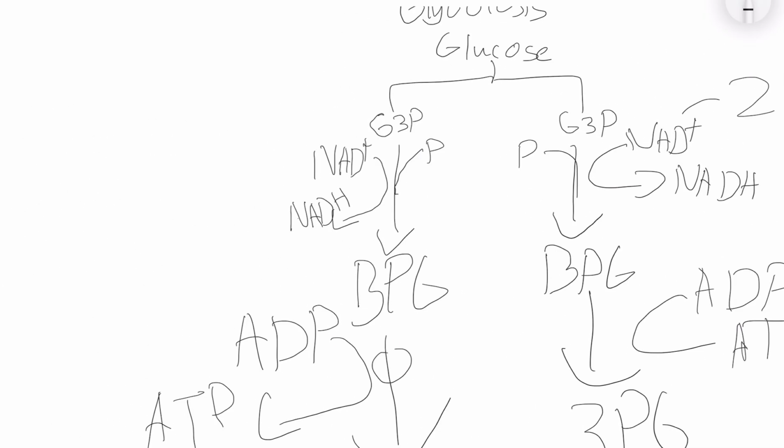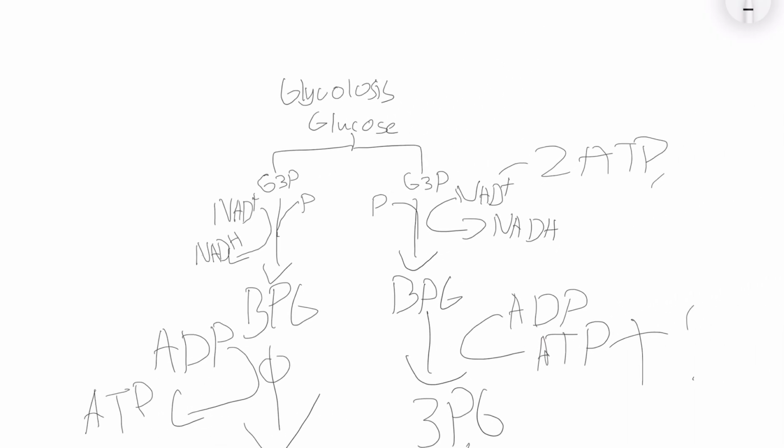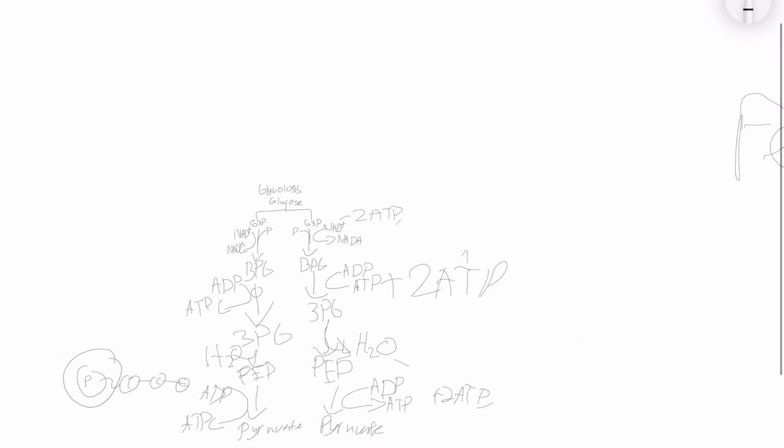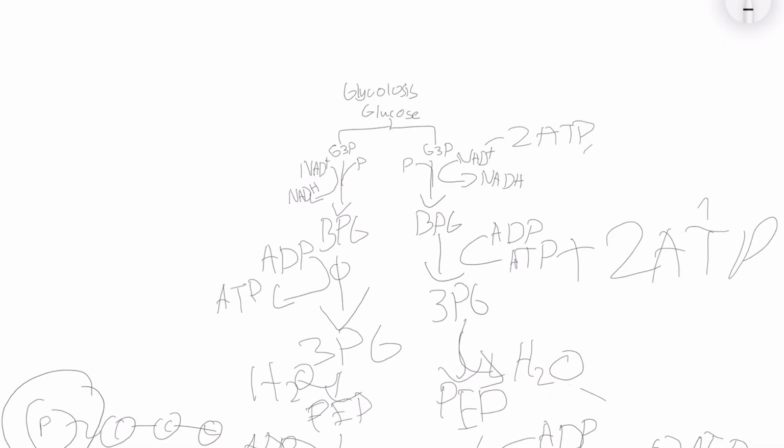And remember when I said, remember about this, NAD plus to NADH? That is important here, because since there isn't enough oxygen to start later steps such as the citric acid cycle, we have to reuse this NADH to get NAD plus, so we can go through glycolysis again.